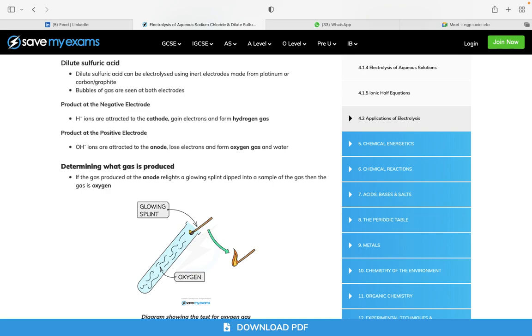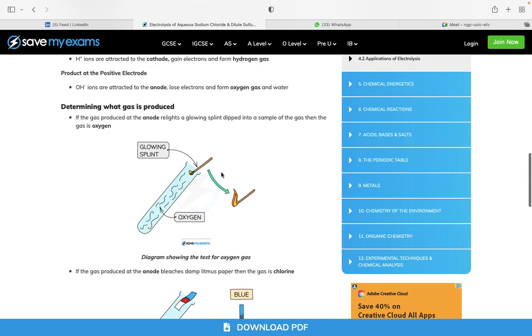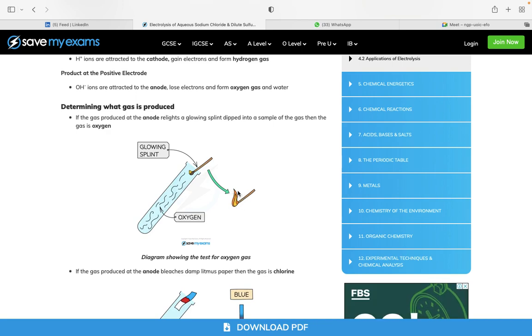For example, look at the diagram. You bring a glowing splint that is about to go off towards this test tube that contains the gas produced, whether at the anode or the cathode. After you dip it, it starts burning so intensely.